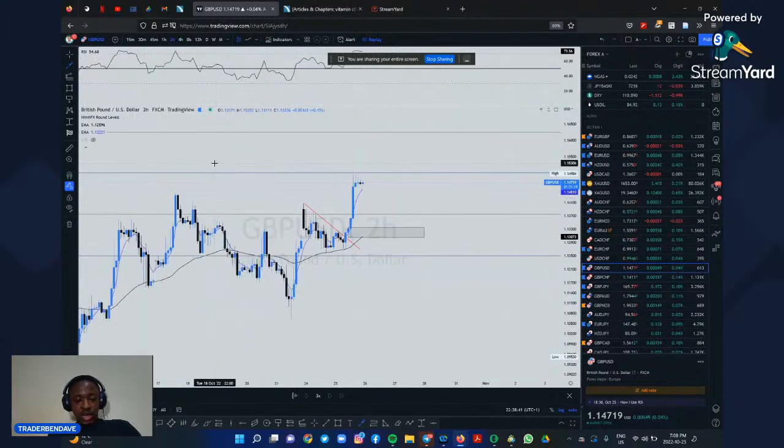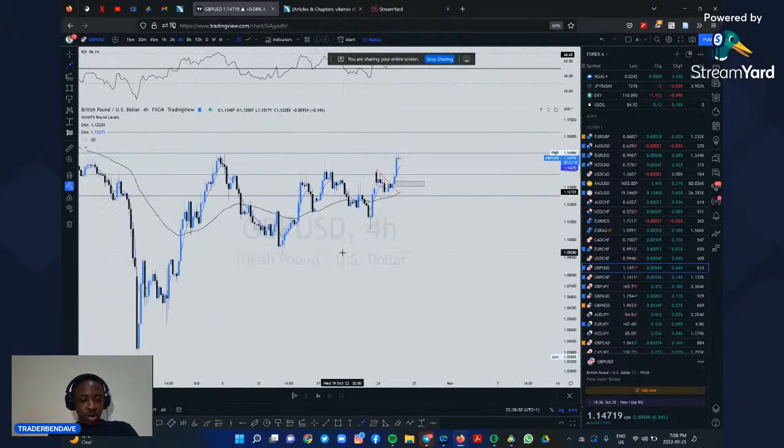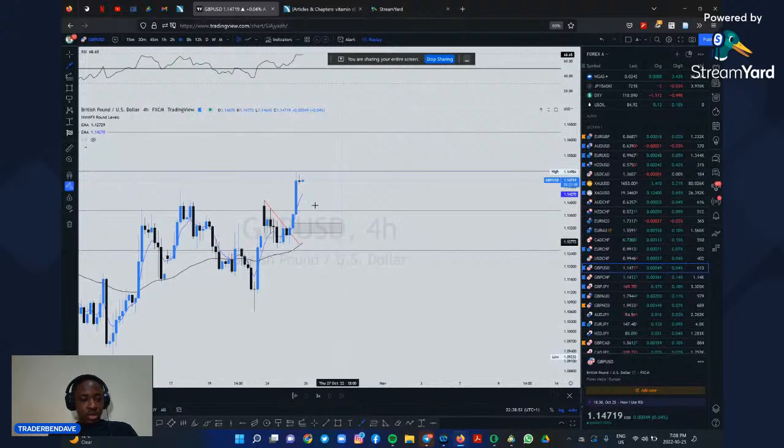So GU, just like the other USD pairs, we're looking at a pullback to buy. Pullback.